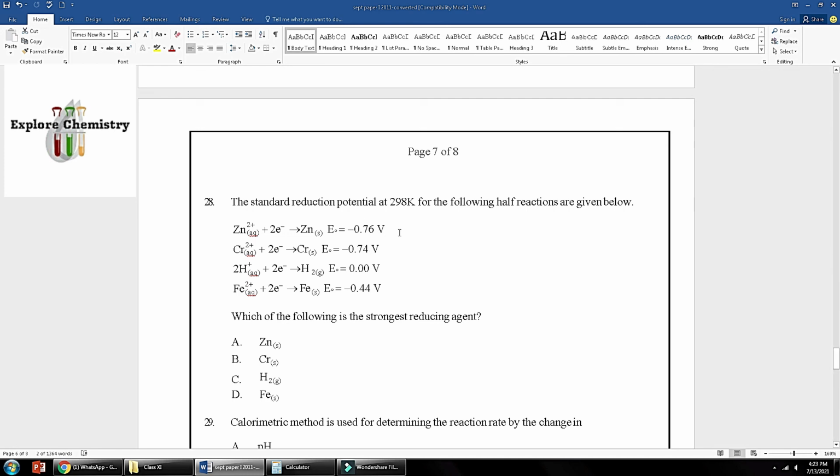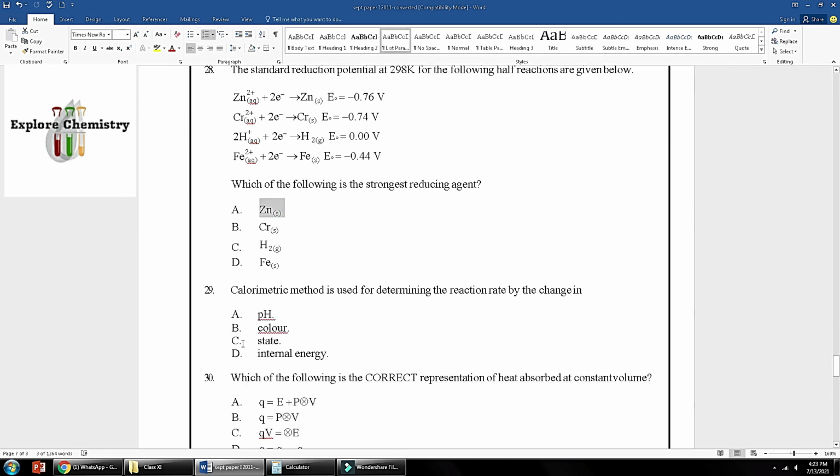So over here the lowest reduction potential value is represented by zinc. So zinc has the ability to oxidize, not to reduce. If it can oxidize easily, it is the strongest reducing agent. So the strongest reducing agent here is zinc. Option A is the correct answer.